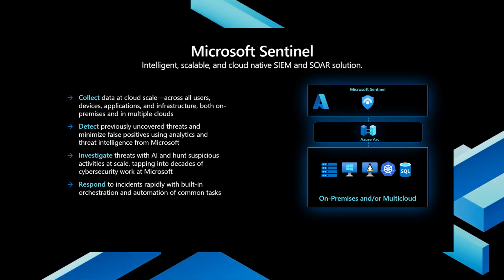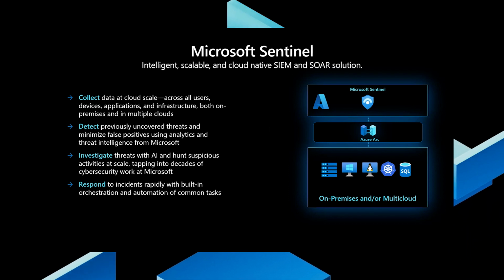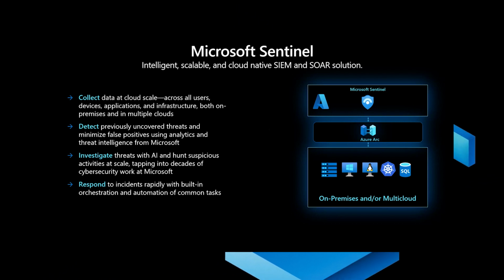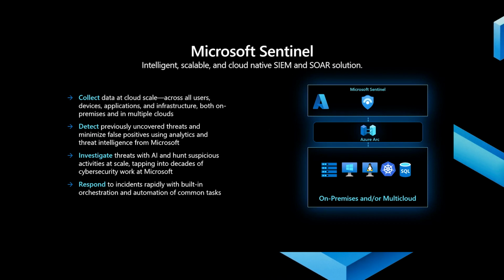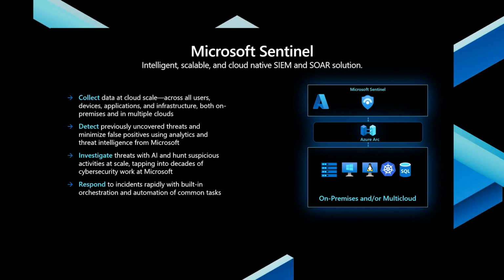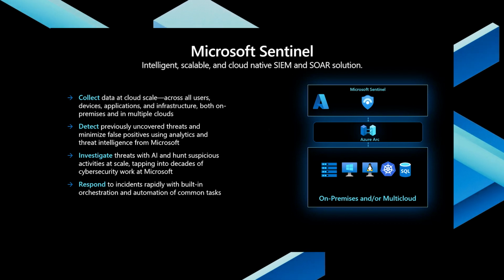You're then able to investigate threats with AI and hunt suspicious activities at scale, tapping into Microsoft's robust cybersecurity research. Finally, you're able to respond quickly to incidents using built-in orchestration and automation of common tasks. Through Azure Arc, Microsoft Sentinel's SIEM and SOAR capabilities extend beyond just your Azure environment across your on-premise, your multi-cloud, your edge compute as well.